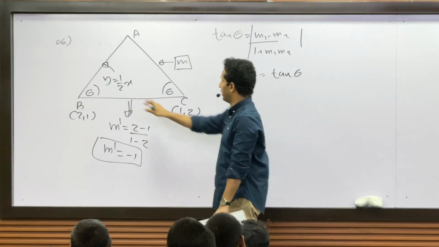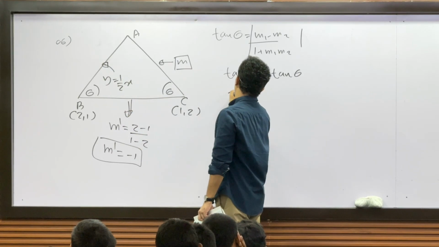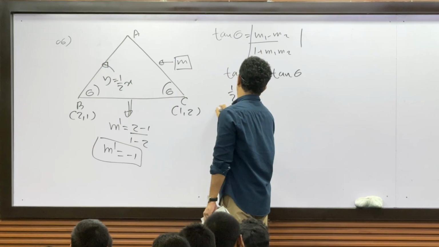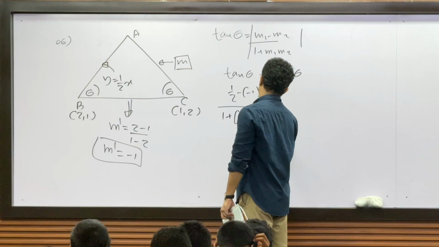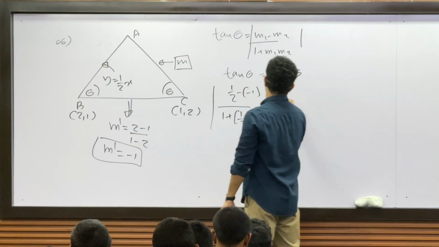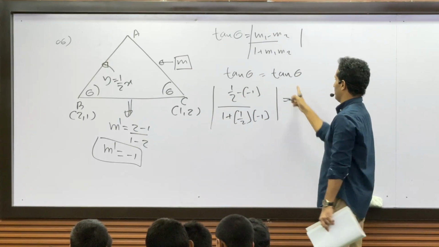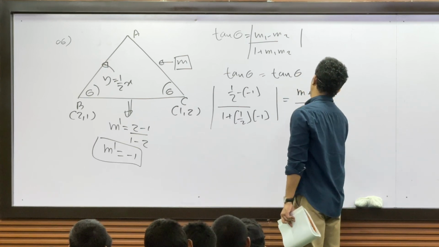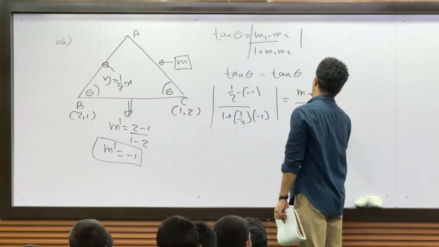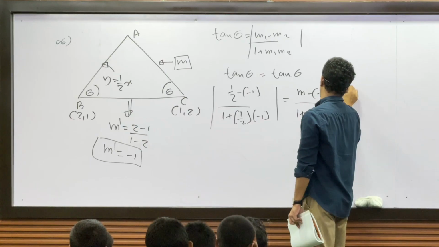The gradient of this one is half, so modulus of half minus 1 divided by 1 plus half times minus 1 is equal to modulus of m minus 1 divided by 1 plus minus 1 times m.